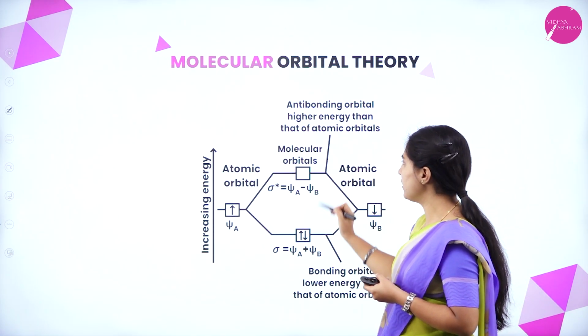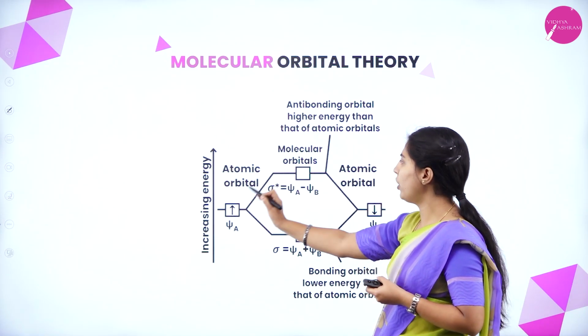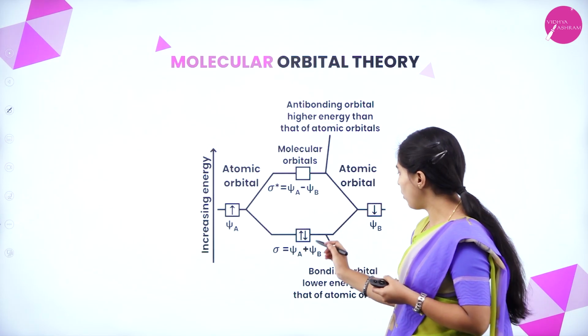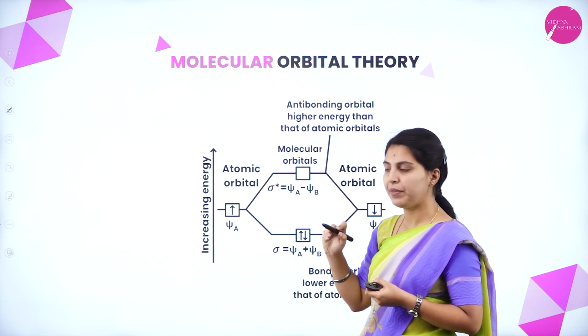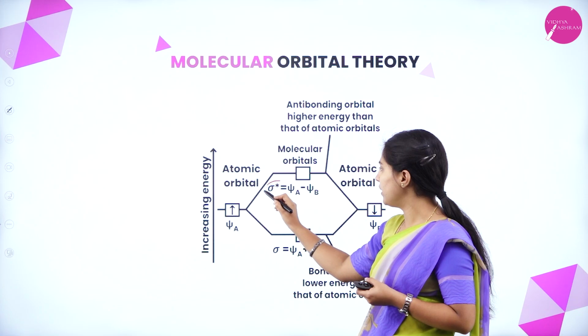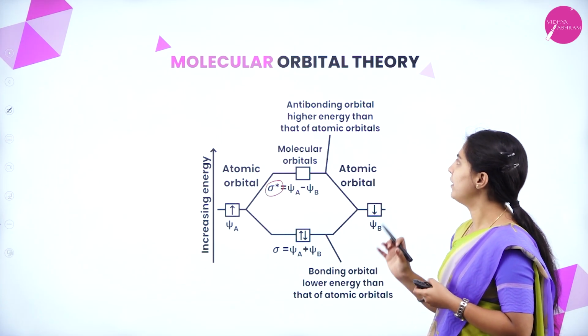Overall, these are molecular orbitals formed from atomic orbitals. These are two atomic orbitals forming molecular orbitals. This is the ground state, this is the excited state. Here energy increases, it is excited, that's why we write the star here. This is the energy level diagram.